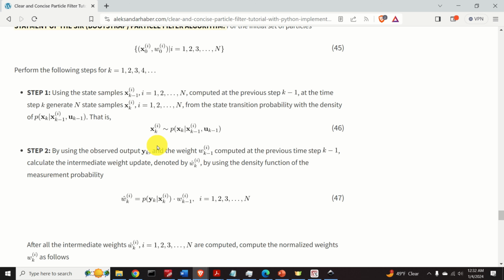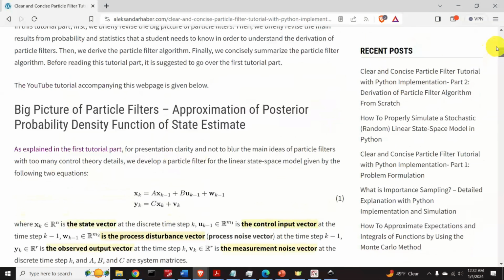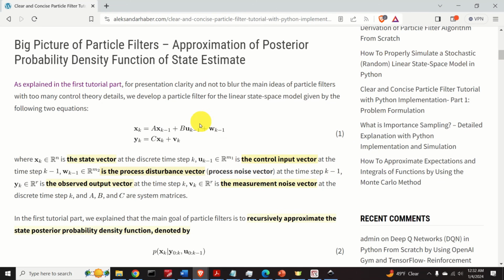As explained in our previous tutorial, this step consists of generating a sample of a process noise vector in our state space model given by equation 1. That is, we sample a process noise from a distribution describing the process noise, and we compute x k by using this equation.